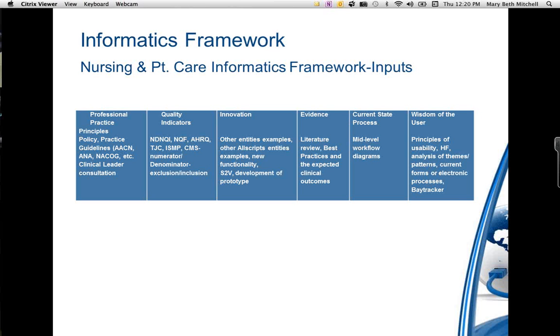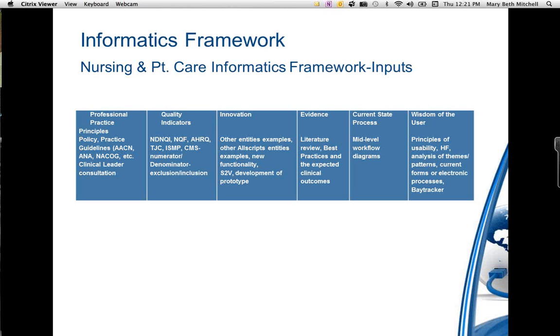So you can see along the top that there's a lot of things that we have to know before we start designing a new solution or a revised solution in the EHR. And it does take different experts within the health system to help us gather these inputs and make sure that we really understand them and how it may impact the problem that we're trying to solve in the EHR. Sometimes we're looking at all of these, and other times we may be looking at a subset.